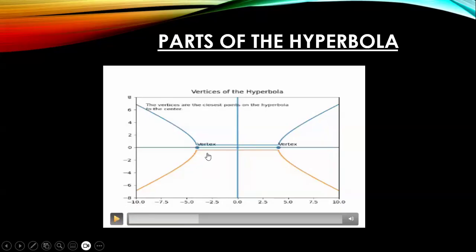Okay, the vertices now are the closest points on the hyperbola to the center. So we have our center here. From the center to this point here is our vertex, and from the center to this point here, we have our next vertex. And usually the distance from the center to the vertex is the same on the left as well as on the right.